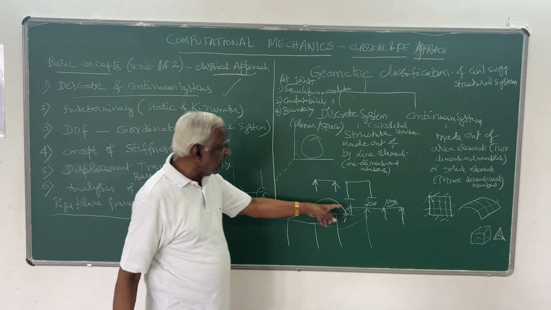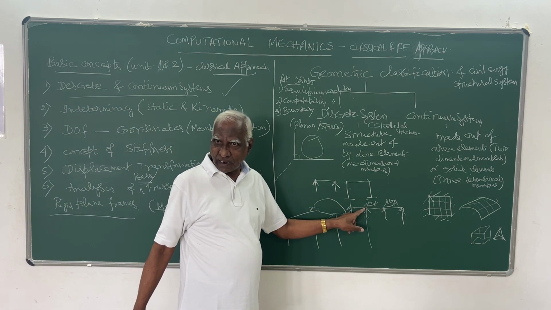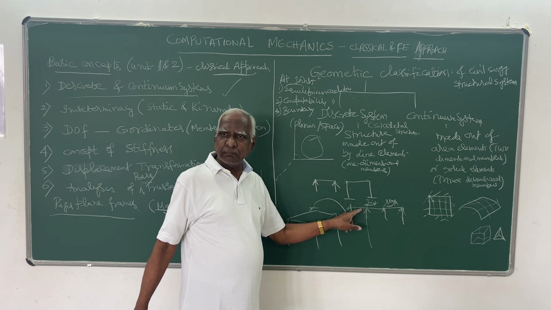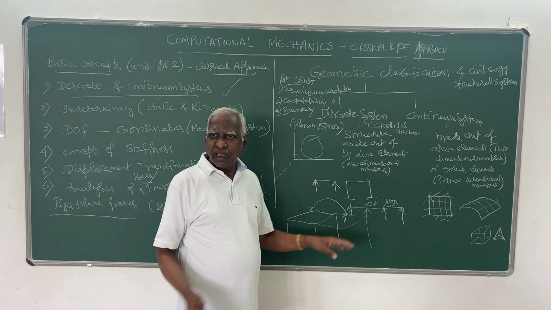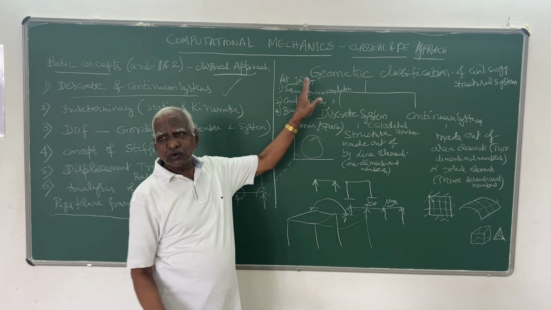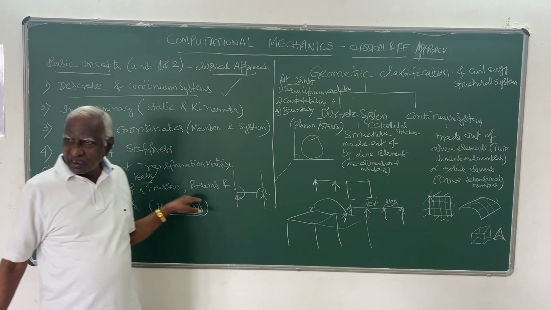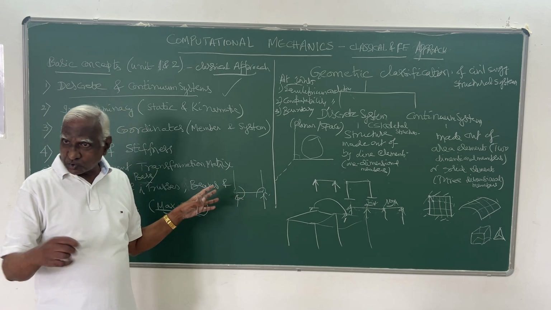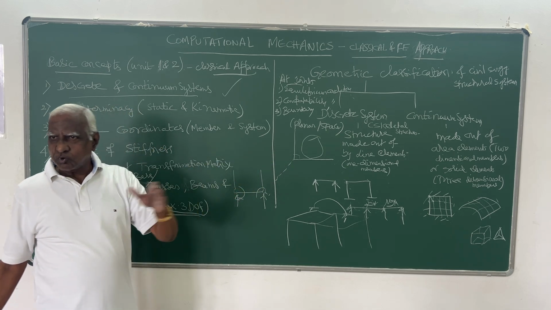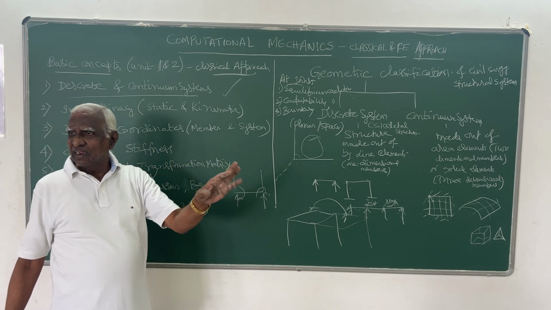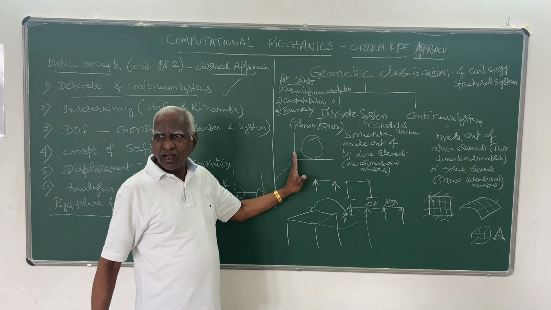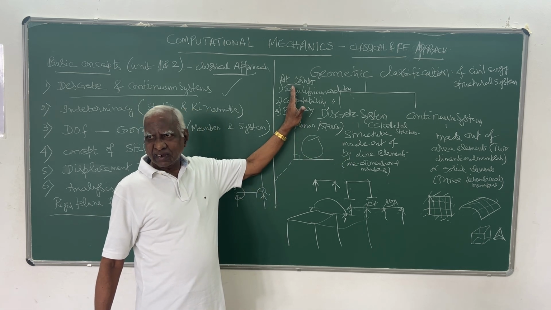So at the end of each member or element, the forces along the horizontal direction should be 0, along the vertical direction should be 0, and along the other direction also it should be 0. If it is a planar structure, the force in the third direction is not there. The force may be only in the horizontal direction or in the vertical direction.